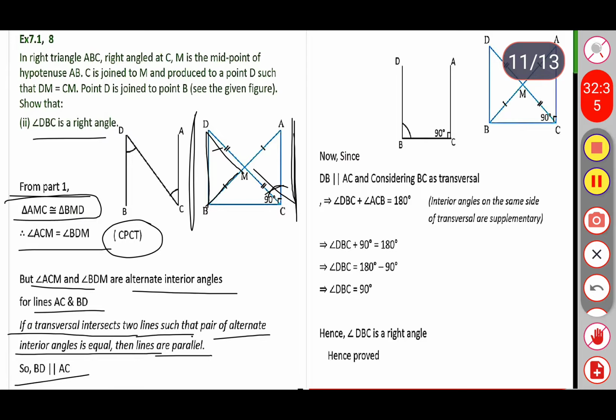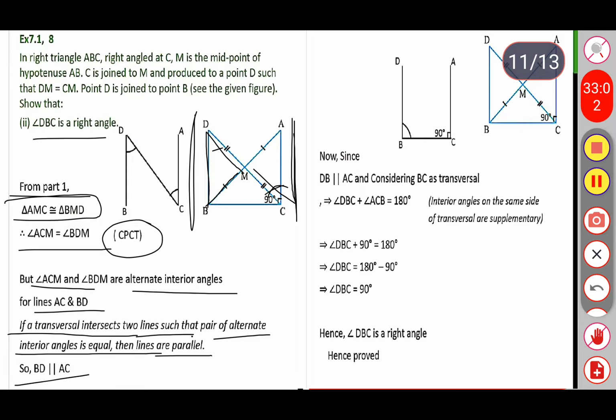As we already studied in the previous chapter, lines and angles, between two parallel lines, the sum of the two angles on the same side of the transversal is always supplementary.